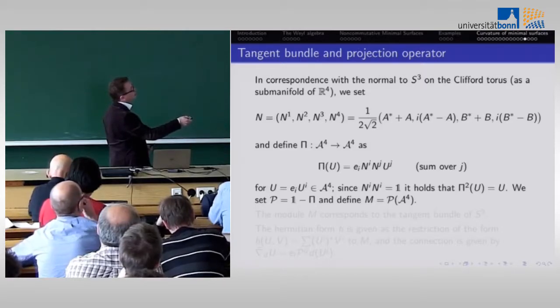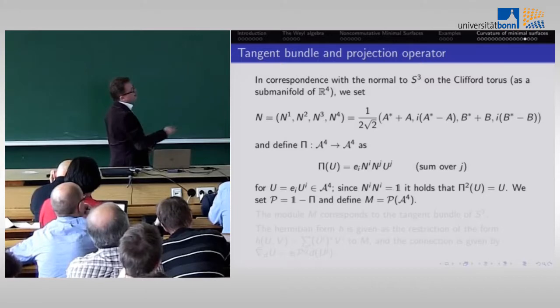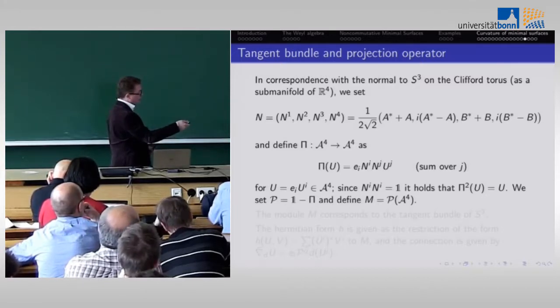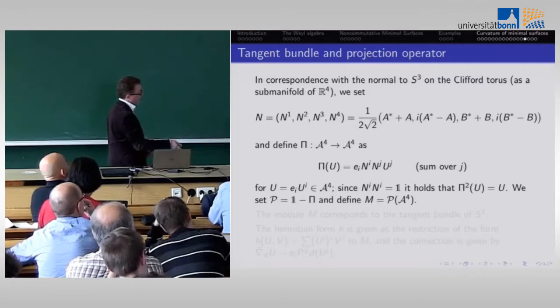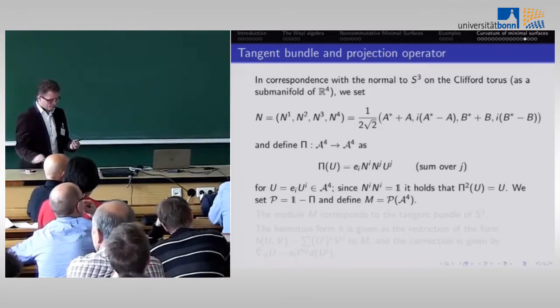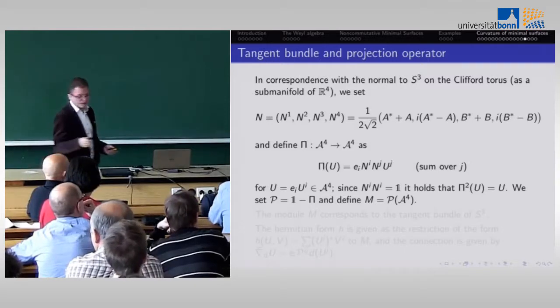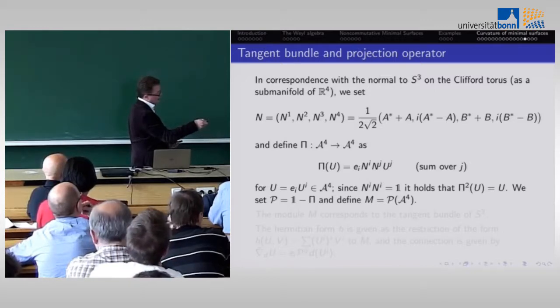And this is on the free module A4, and you check that, since this sum of n_i squared is equal to 1 because they are unitary operators, it holds that it's a projection operator. Okay. So we simply define our ambient space module to be 1 minus this projection, because this is the projection onto the normal space, and let it act on A4.